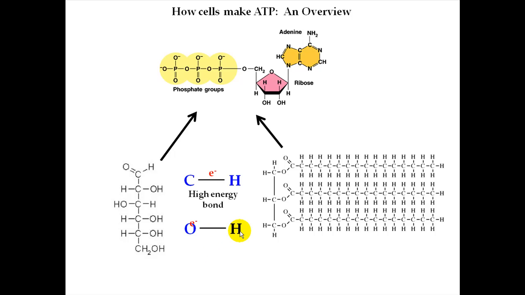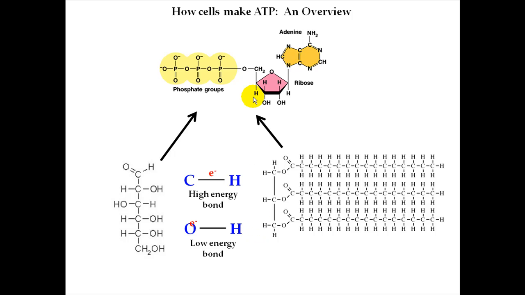And so because that hydrogen atom has a relatively weak pull for that electron as compared to the oxygen, that means that there really isn't a lot of strain that's being placed on that electron. In other words, there's not a lot of potential energy that's in this bond. So oxygen and hydrogen, whenever they form a covalent bond, it's considered to be a lower energy bond compared to carbon and hydrogen. Same thing with bonds between oxygen and carbon. Those are considered to be low energy bonds as compared to the energy that you find in the bond between carbon and hydrogen.